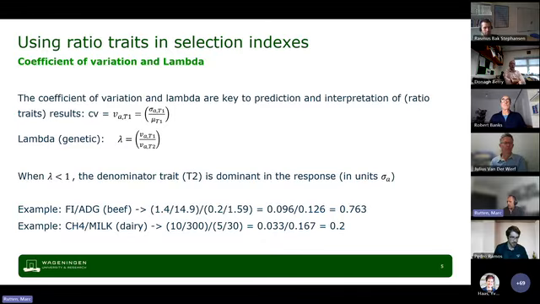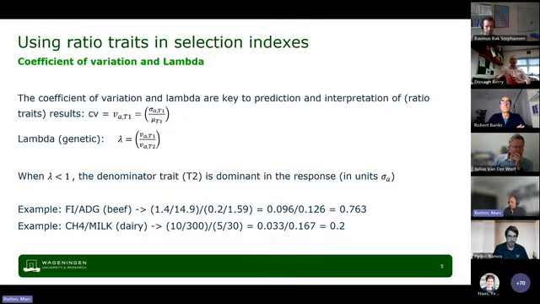I mentioned already that it's difficult and complicated to derive the genetic parameters based on component traits, and the main metrics that are important here are the coefficient of variation of both traits, so trait 1 and trait 2, and lambda, which is defined as the ratio of those two coefficients of variation. And lambda can be defined on a phenotypic level, but also on a genetic level, and I have presented that here.